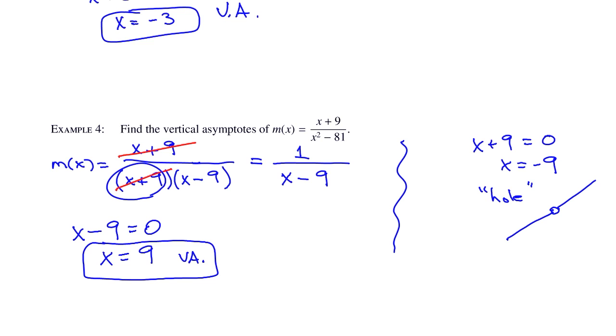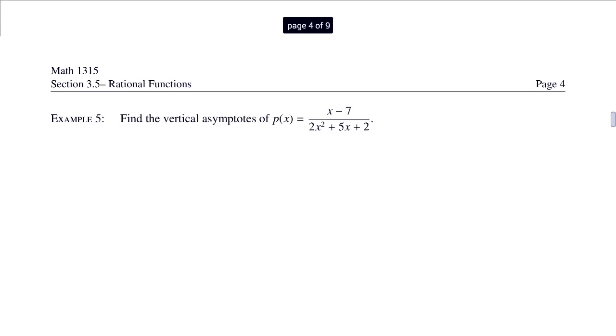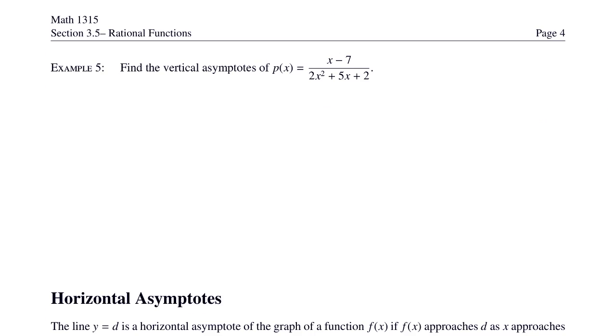Let's look at example 5. Find the vertical asymptotes of p of x is equal to x minus 7 over 2x squared plus 5x plus 2. Same procedure as before. You see if you can reduce anything.